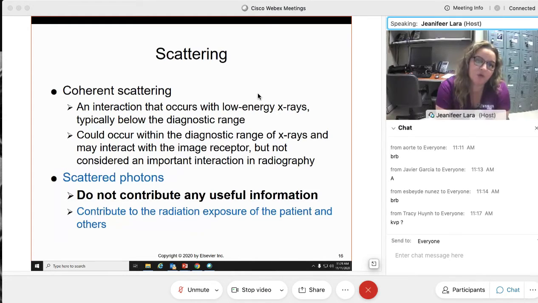So scattered photons, whether it's coherent, Thomson, classical, or Compton, do not contribute any useful information on the radiograph. That is a true statement. They only contribute to the radiation exposure of the patient and others.